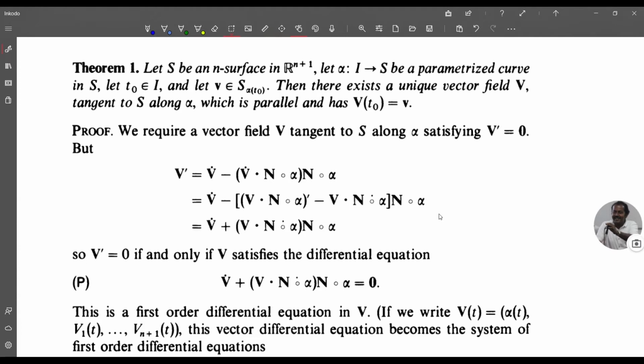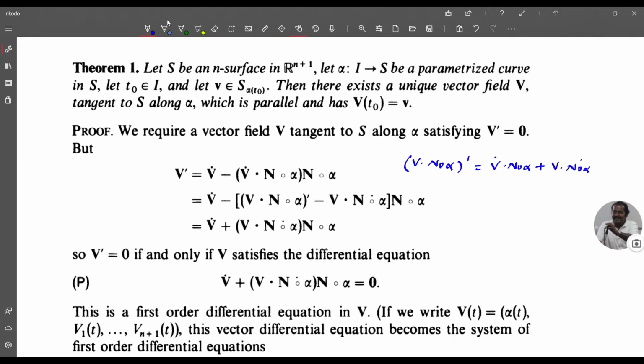So, this step can be illustrated like this. You consider (V dot n composition alpha) whole prime. This is the dot product, so it is a scalar function, so it is the usual derivative. This is equal to V dot prime n composition alpha plus V dot n composition alpha dot.